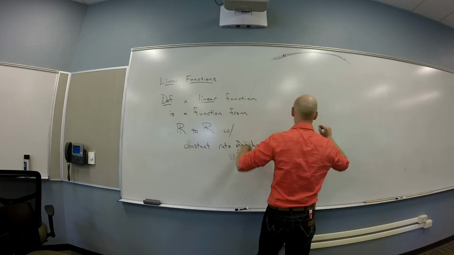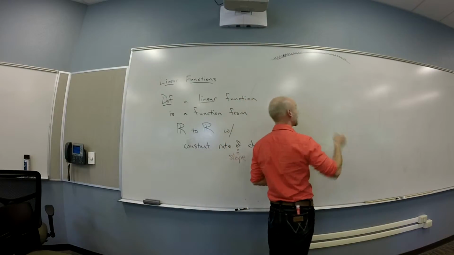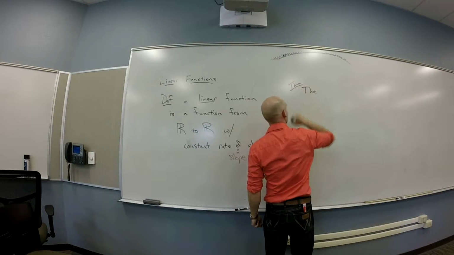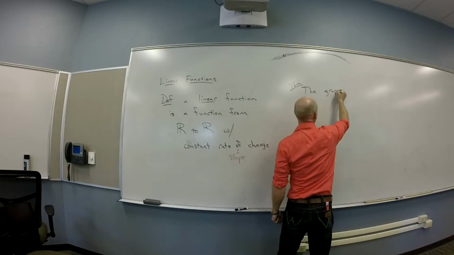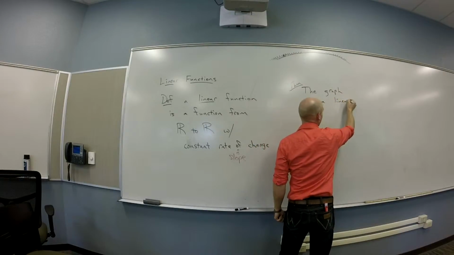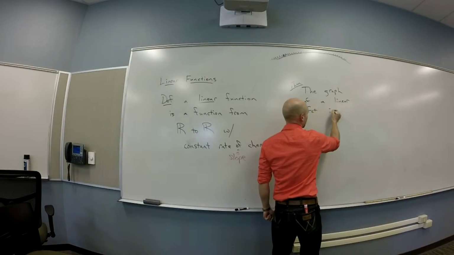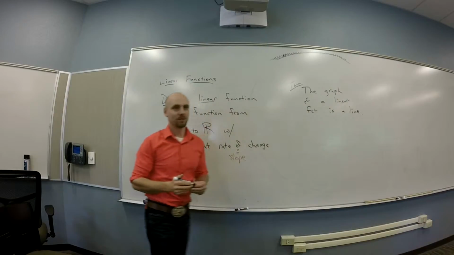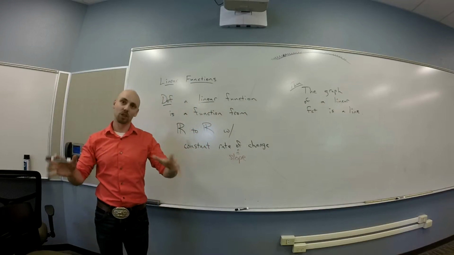One statement, a linear function has a constant rate of change. Second statement, this is maybe some little theorem or something: the graph of a linear function is a line. Here, check. Good? Cool? This is what I want you to know about linear functions.